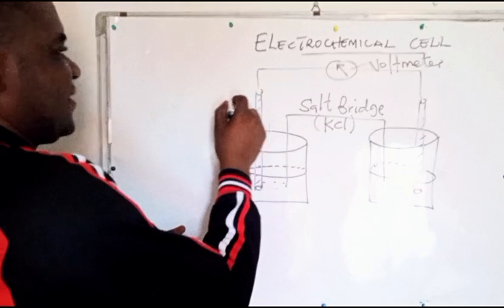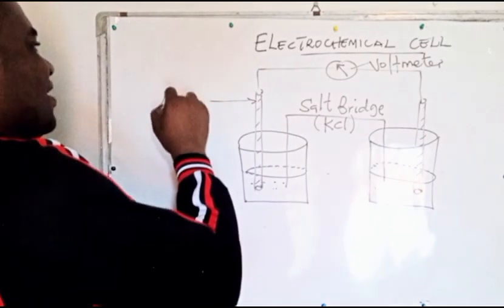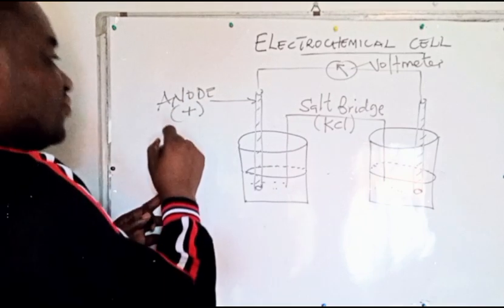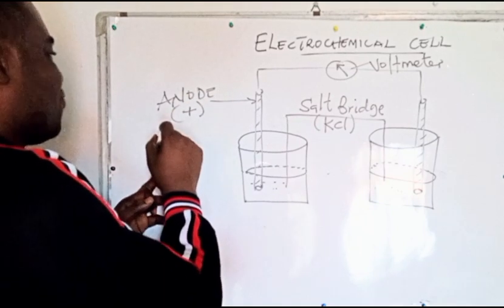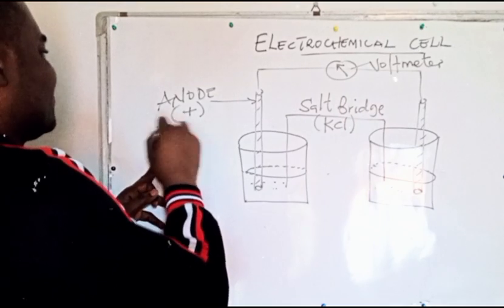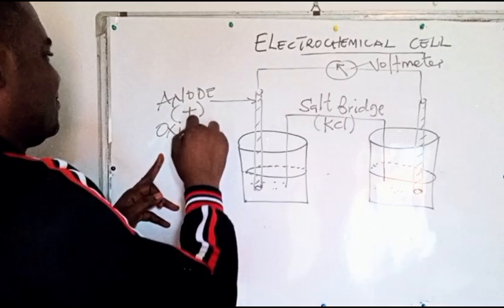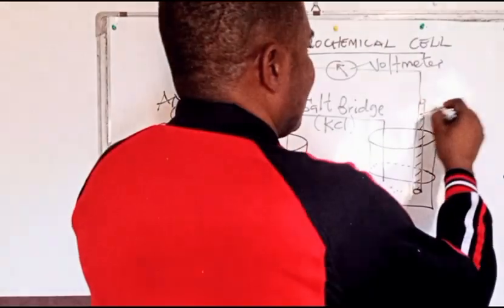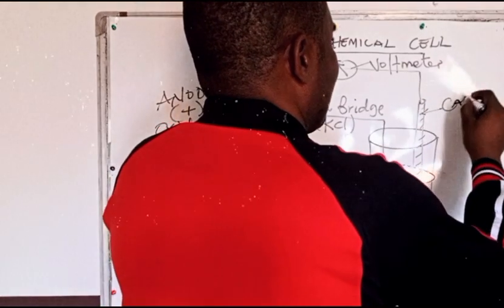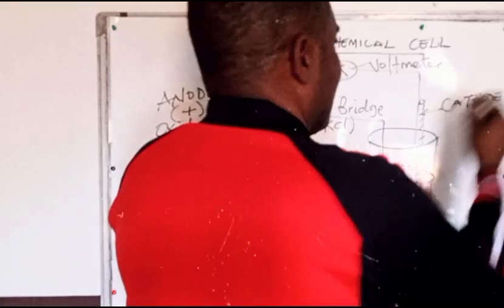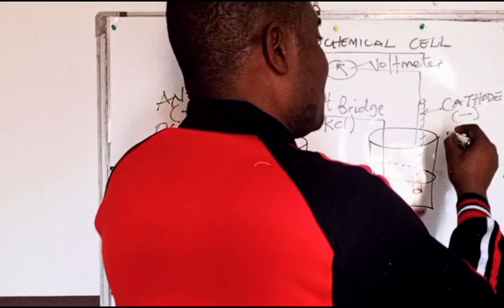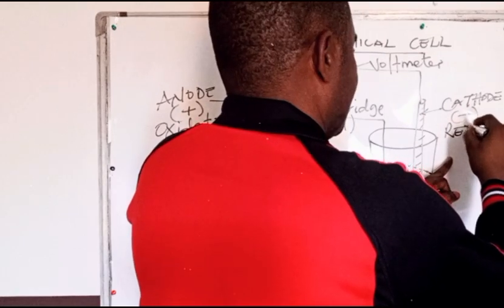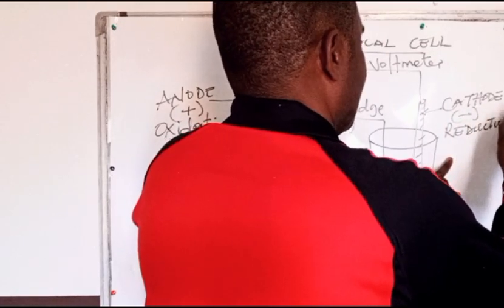The electrode this way is always seen as the anode, and it is always positive. Usually, this electrode is always set to be oxidizing. So oxidation takes place here. And this electrode here is always known to be the cathode. The cathode, always negative, and it's always known to be reducing here. So reduction takes place here.